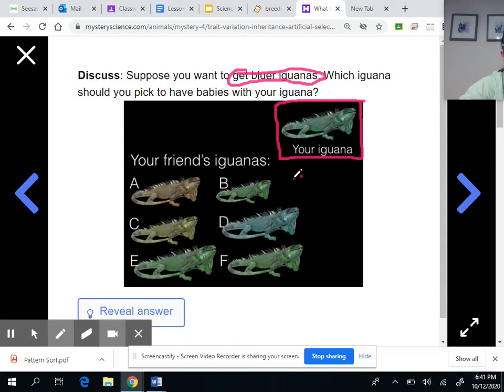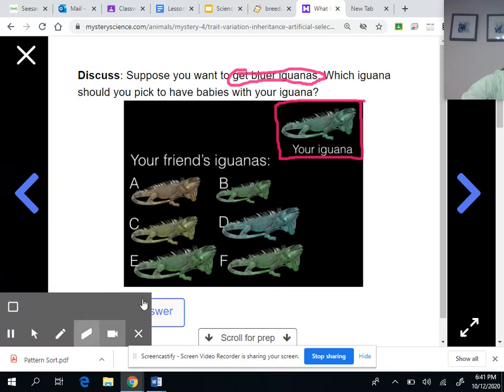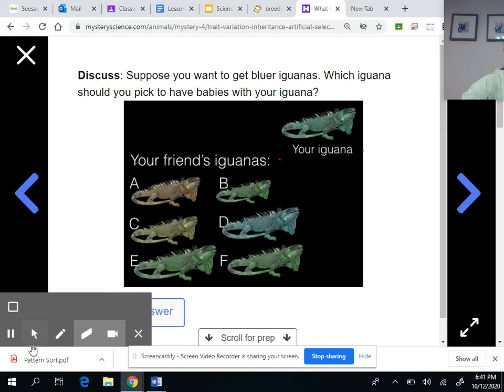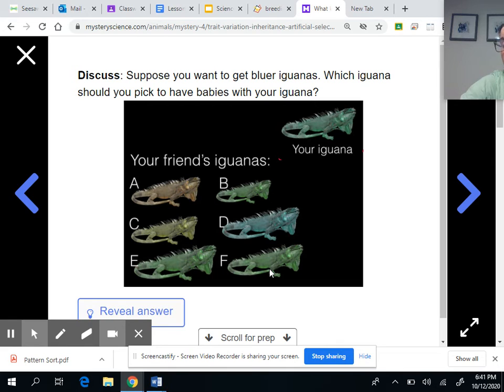So which iguana would you pick to have babies with your iguana up here? Which one of these do you think? I'm getting ready to click on the answer. If you need more time, you can hit pause. I'm going to click on the answer in 3, 2, 1, 0, go.